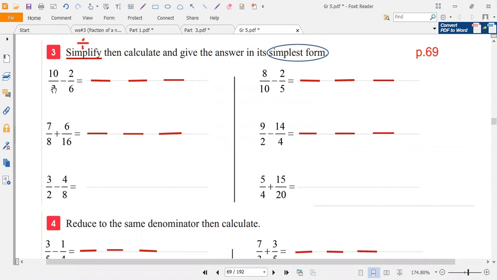10 thirds minus 2 sixths. Can we simplify the first fraction? No. We can simplify the second fraction by 2. So we divide the second fraction by 2.